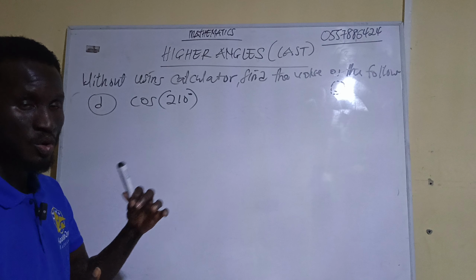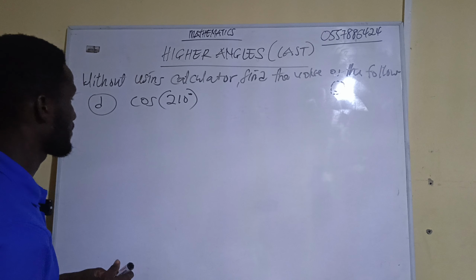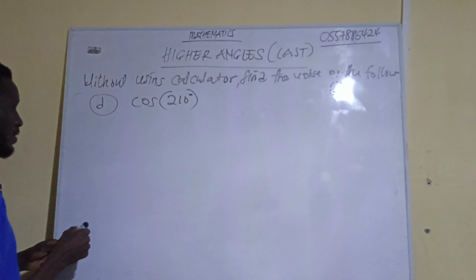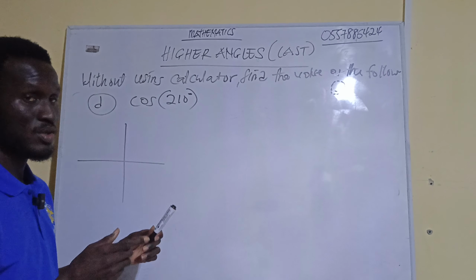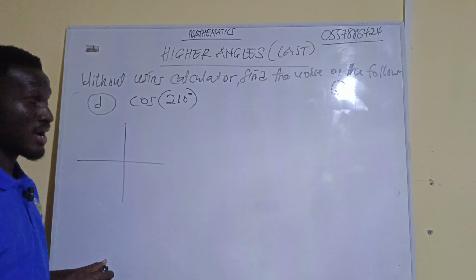Now, if we have cos 210, how are we going to read it? So this is our Cartesian plane. We have to read 210 in the anti-clockwise direction.